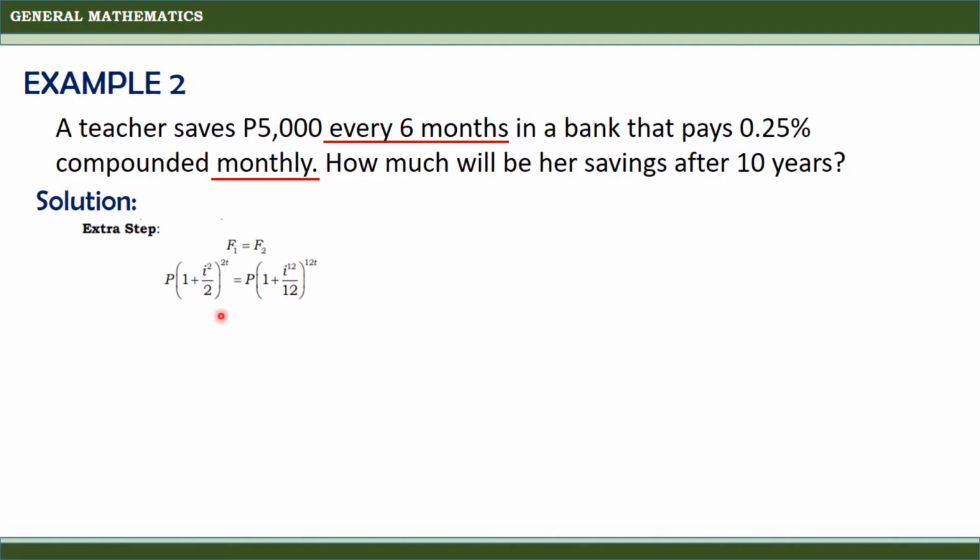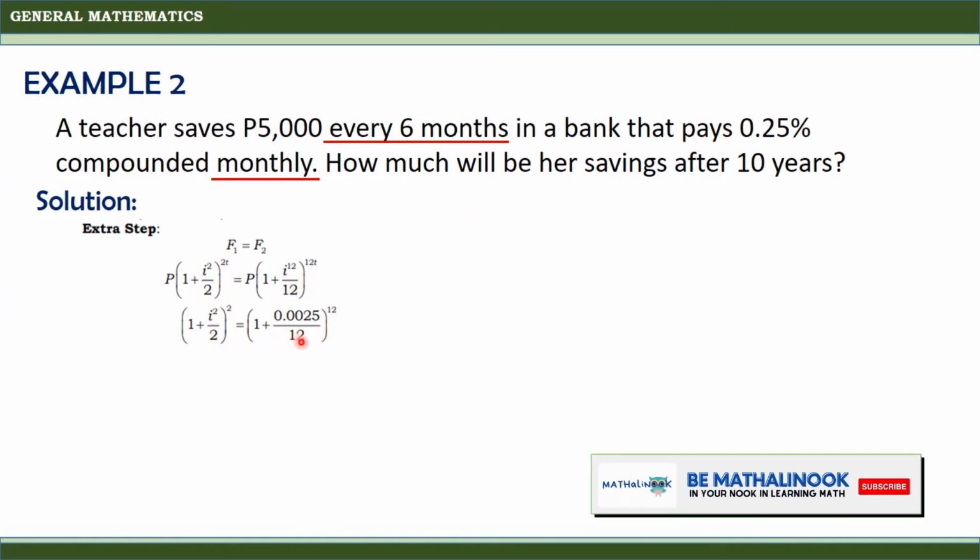For that case, the M on the left side will be equal to 2 and M on the right side will be equal to 12. Canceling the common factors P and T and substituting 0.25% on I, we will have the quantity 1 plus I divided by 2, raised to 2, is equal to the quantity 1 plus 0.0025 divided by 12, raised to 12.